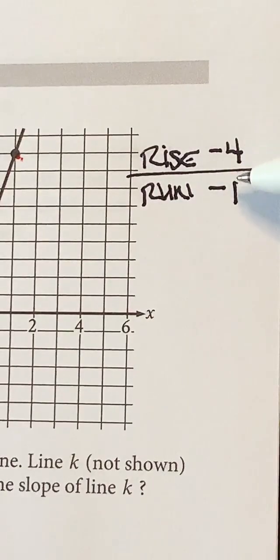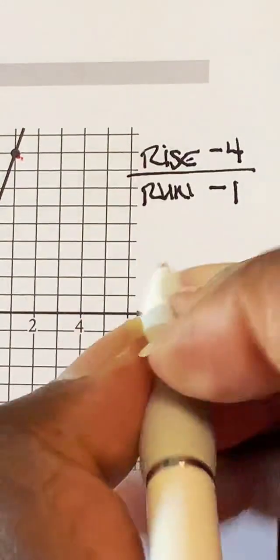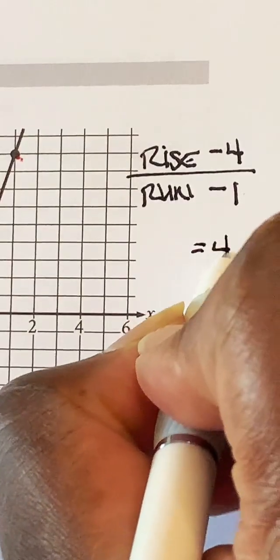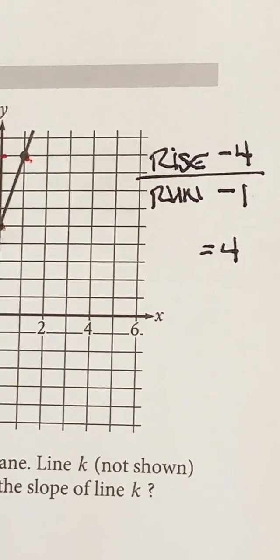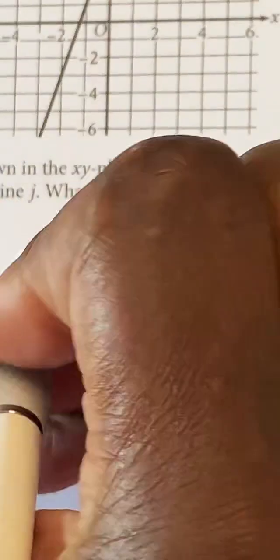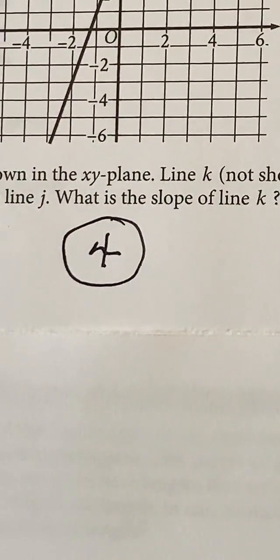But a negative divided by a negative gives me a positive. Okay? So no matter what, you're going to have the same type of slope. So it asks, what is the slope of line K? The line K, just like what Braden, I think it was, said, is going to be 4/1 or simply 4.